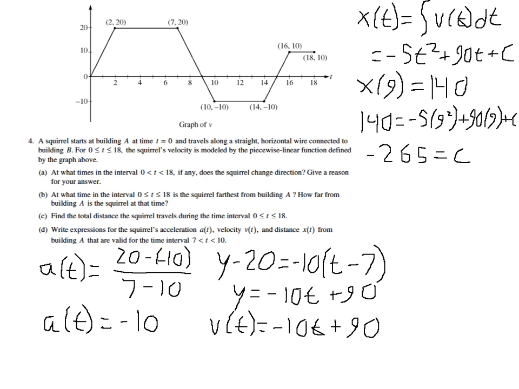So now I have my final equation for x of t is negative 5t squared plus 90t minus 265. And that's my equation. So now I'm done with part D because I found a of t, v of t, and x of t. And that's how I would do number 4. All right.